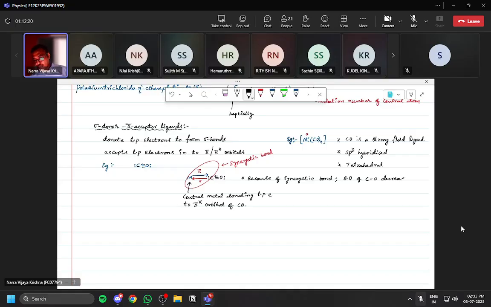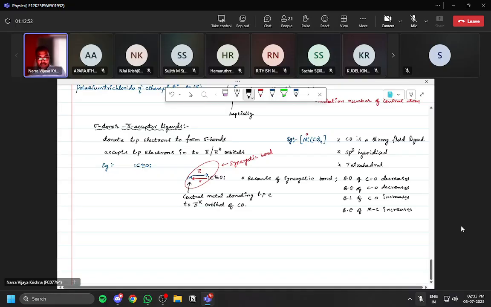Bond energy of CO decreases. Bond length of CO increases. Any questions, sir? Then what about bond energy of metal carbon bond? No, I am writing one more point.